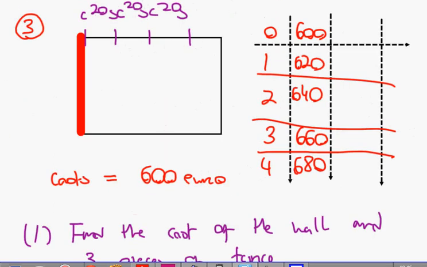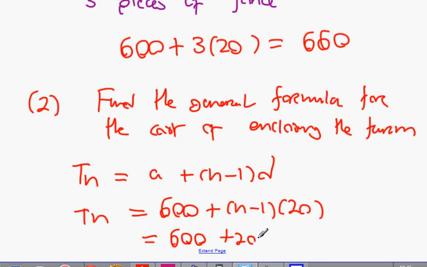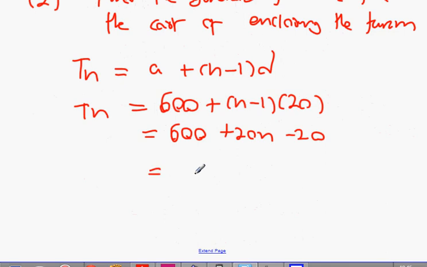A is the initial value. And what's d? The difference in value each time, which is 20 euro. When you multiply this out, you're going to get 600 plus 20n minus 20. Is that right? And then you're going to get 580.